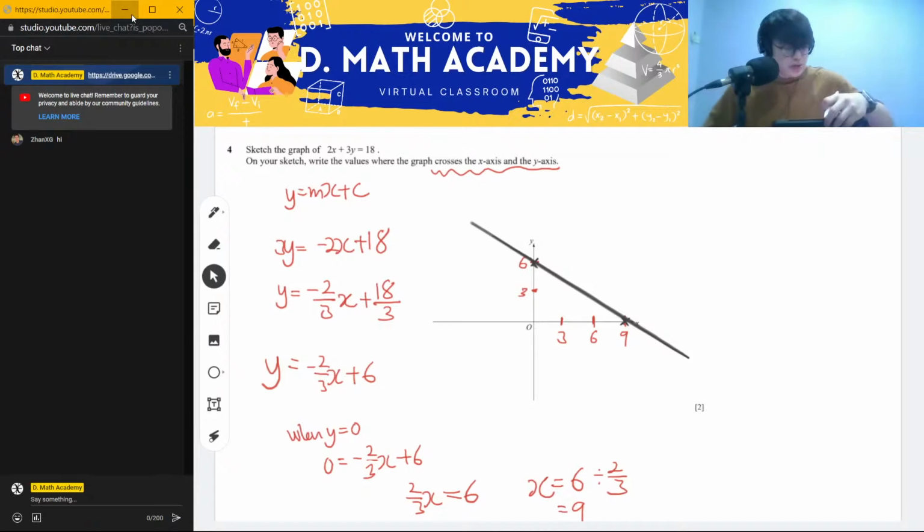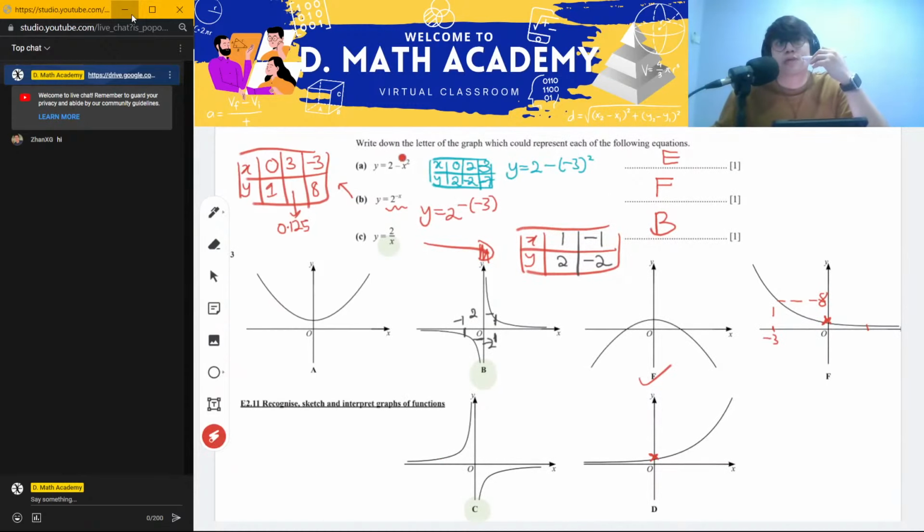So the next one here, if not mistaken, usually if I don't know a question, what's the first thing to do? You have to check whether it's quadratic or not, because the graphs that they ask you to do only fall under these few categories that they were showing. They won't ask you to construct this type of graph normally, and then they will ask you to draw a reciprocal graph and this type here.